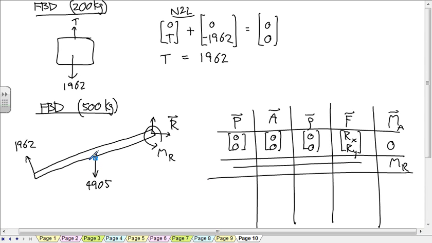And now let's do this point. Well, the geometry here, this is a right triangle. This is 40 degrees, and this hypotenuse is 2.5.